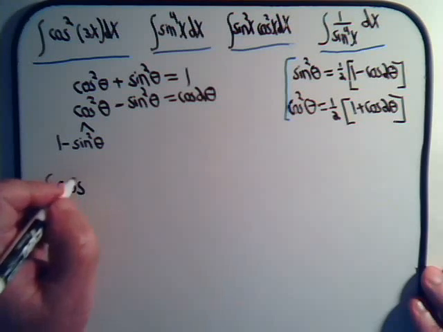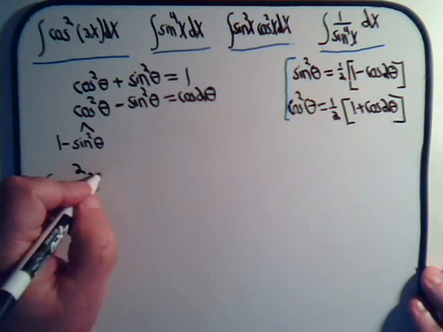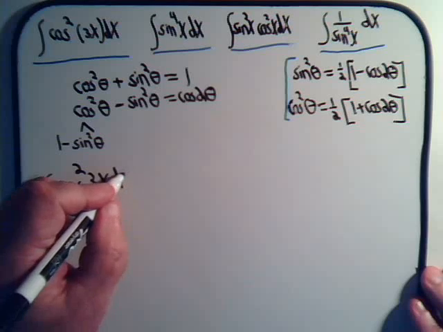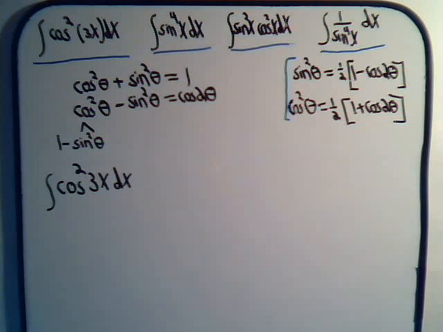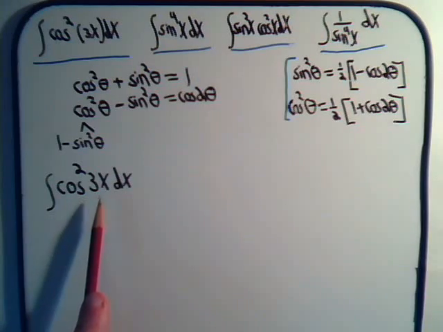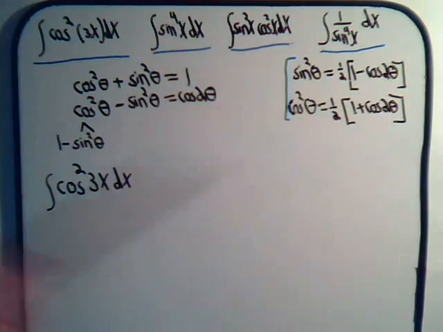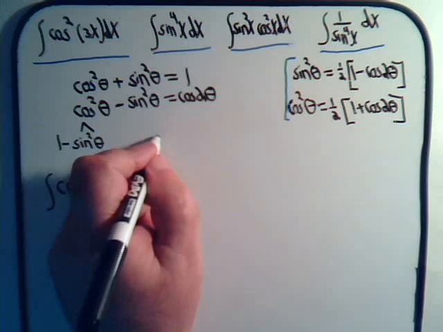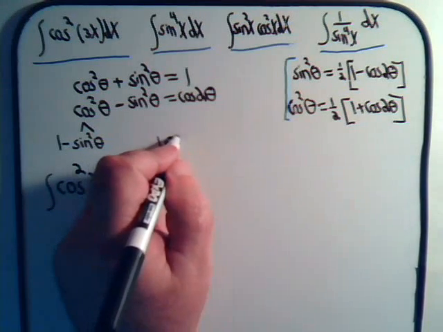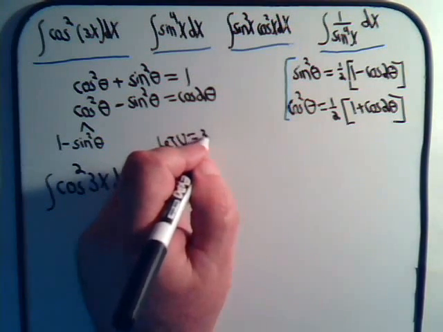Here we have cosine squared of 3x dx. And if we had, instead of 3x, the cosine squared of u, then we'd be all set to apply our formula. So we can make it look like that easily enough. Let u be equal to 3x.